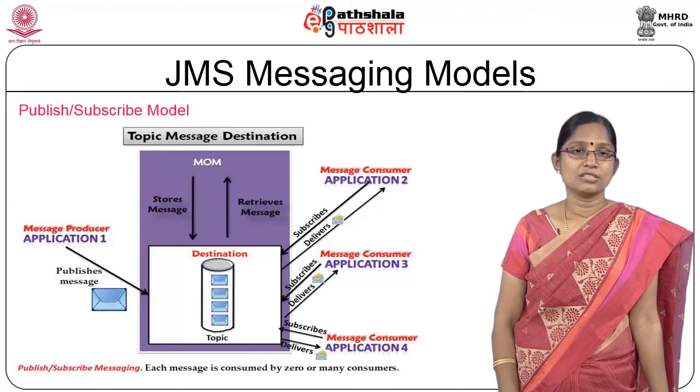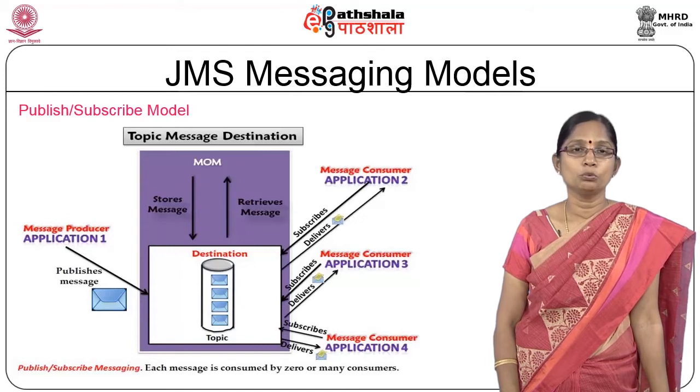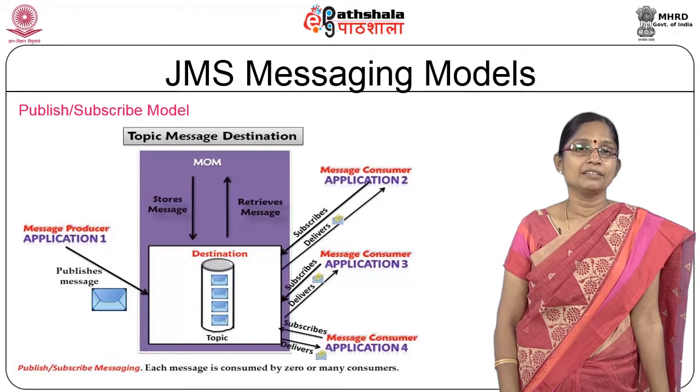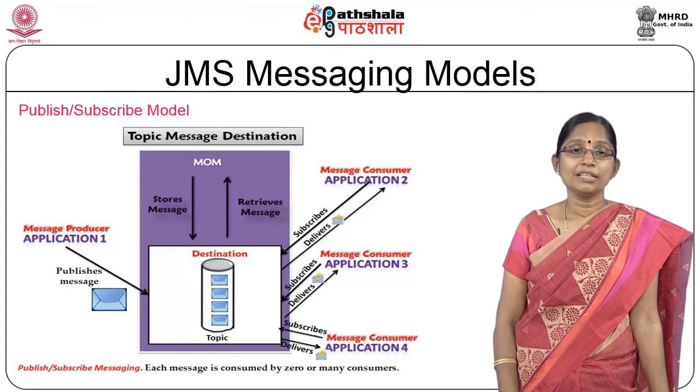Again, the message destination. In the message destination, we are seeing a topic rather than a queue. So the topic is going to be the representation of the destination, and the message provider is responsible for having this destination. One application is going to publish the message. Publishing the message is nothing but sending the message to the topic, but the message on the other side is consumed by many.